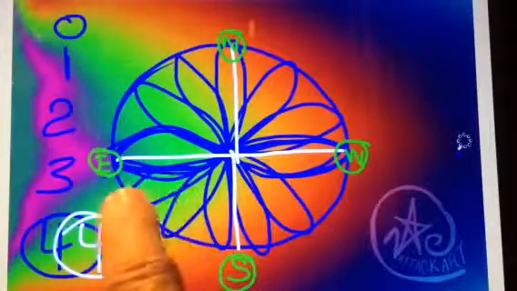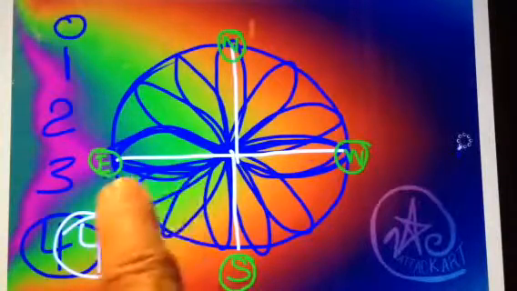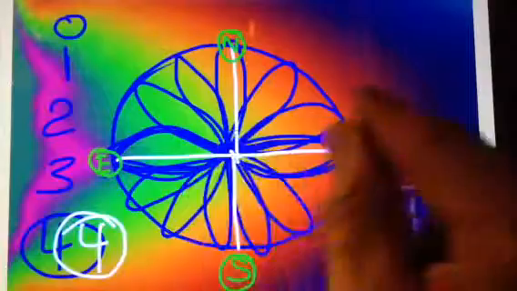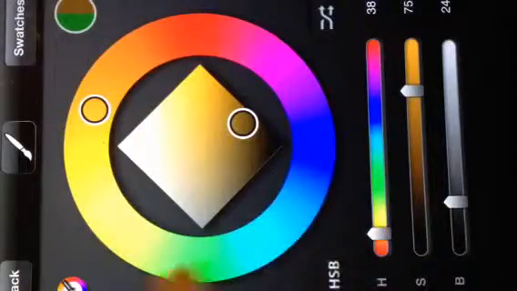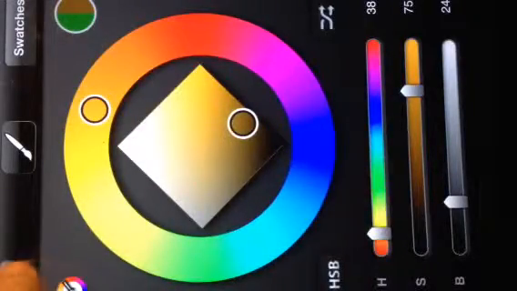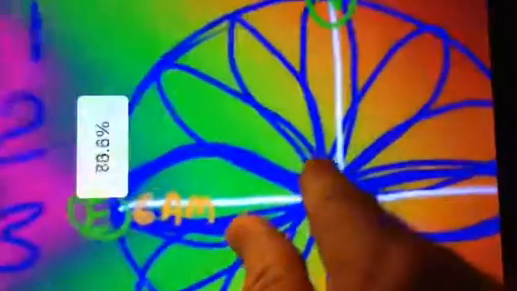So let's put that in there. Let's say here, and we'll give it another little color to distinguish it. We have 6 a.m., right?